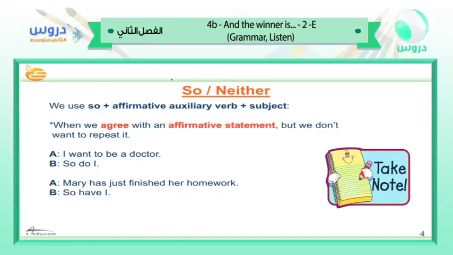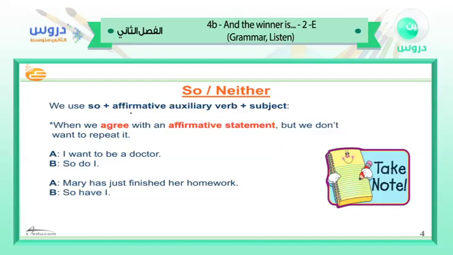We're going to start with so. We use so plus, this is a structure, everybody, so plus affirmative auxiliary verb. We will know now what's the meaning of auxiliary verb, or we can call it helping verb, plus subject.